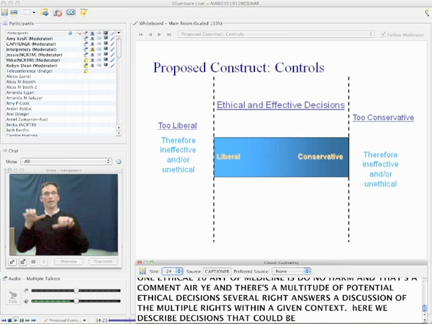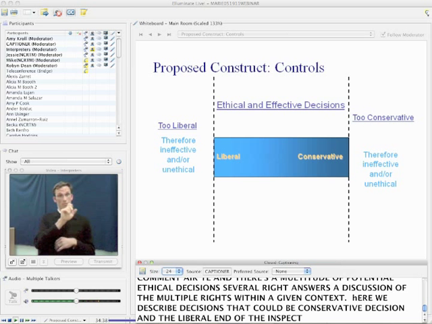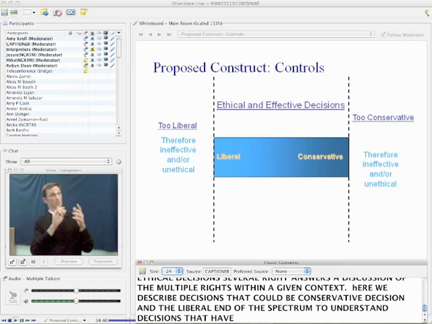So a conservative decision of doing nothing, which is in our view very much a decision to do nothing when a demand is presented. And the liberal end of the spectrum are to understand decisions that have more action. The interpreter is more observable.